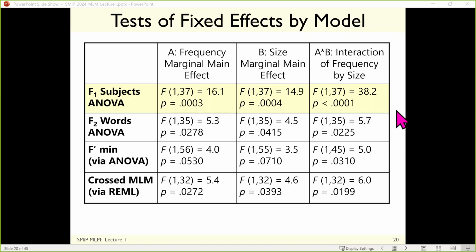So this pretends that there's no remaining reasons why the items differ from each other, let alone 70% of the variance. And so when you look at it that way, things are wildly optimistic. F prime min, which was the combination of F1 and F2 algebra thing, this is looking a little bit unoptimistic, and that's what simulations have shown too, that this tends to be overly conservative. So we end up at I think the same place.